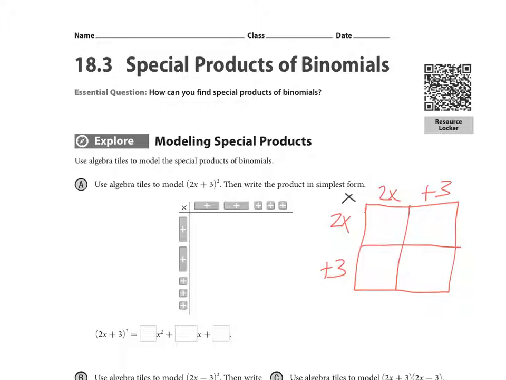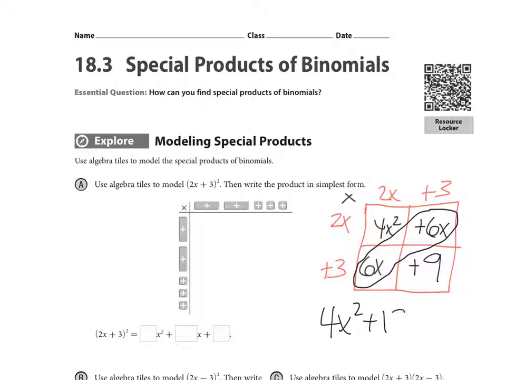So 2x times 2x would be 4x squared. 2x times 3 would be 6x. 3 times 2x would be 6x. And then 3 times 3 would be 9. Here are my like terms on the diagonal again. And so here I end up with 4x squared plus 12x plus 9, the same thing I got before.